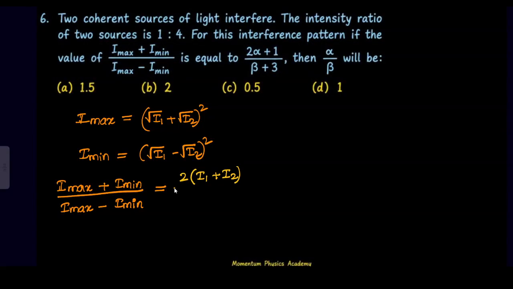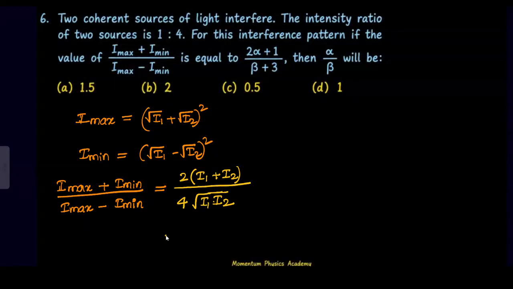Next, this is Imax minus Imin. That means when you subtract here, 4AB will come, isn't it? So 4 into A, what is that? Root I1 into root I2 will come now.